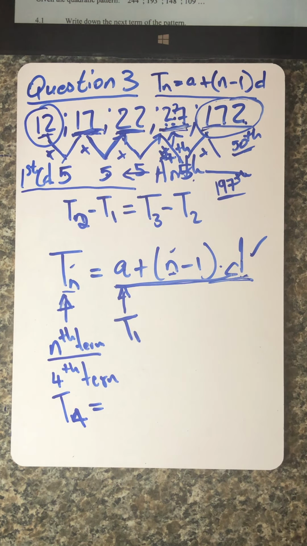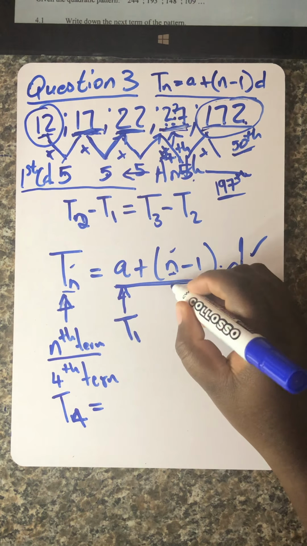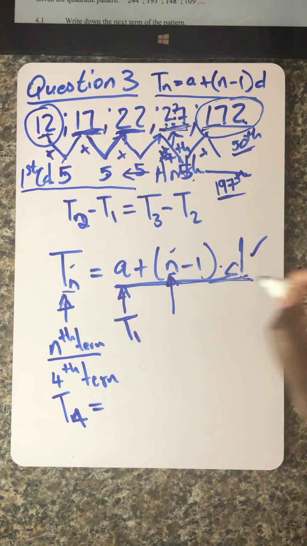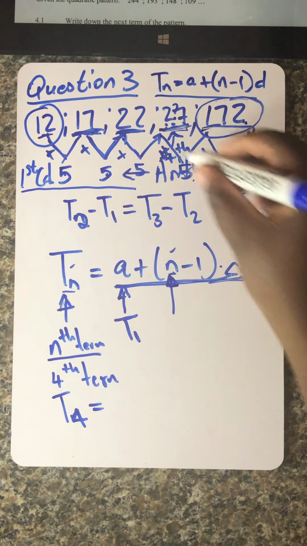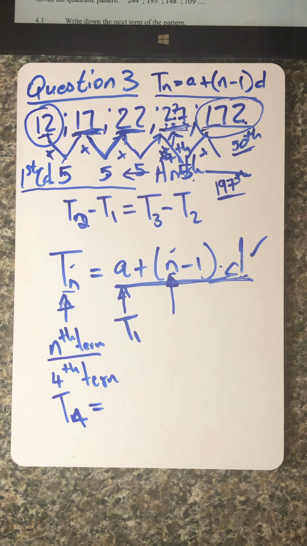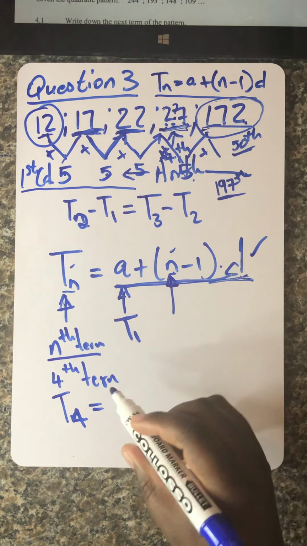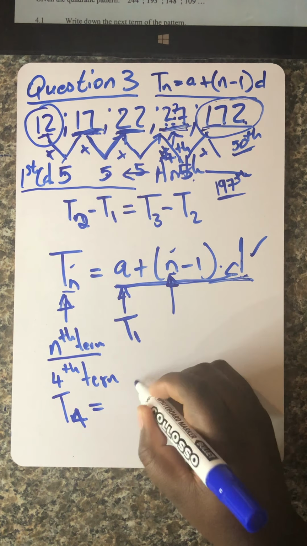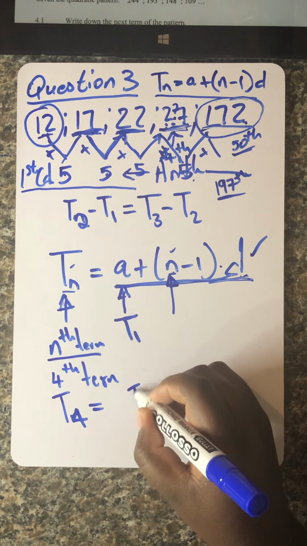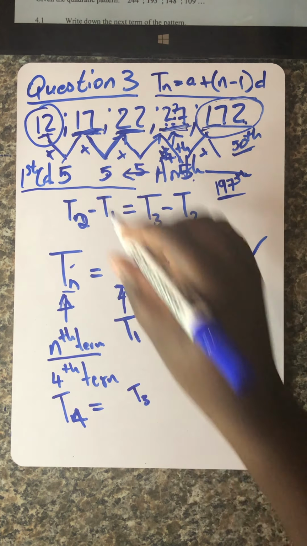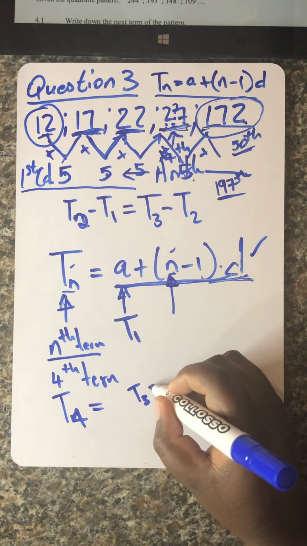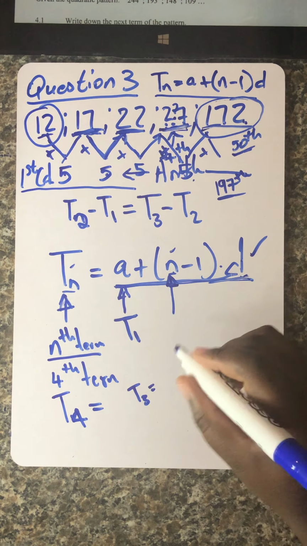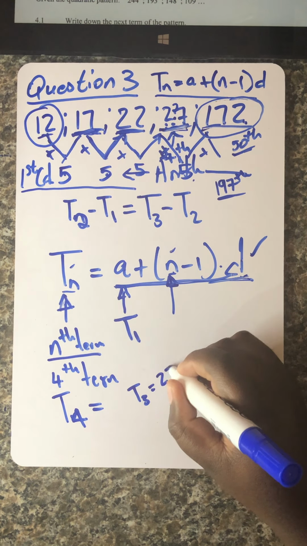So, ladies and gentlemen, I've already explained what A refers to. So now let's talk about N. Okay, so N, guys, is the number on that pattern. For example, term number 3 on that pattern, it's equal to 22.